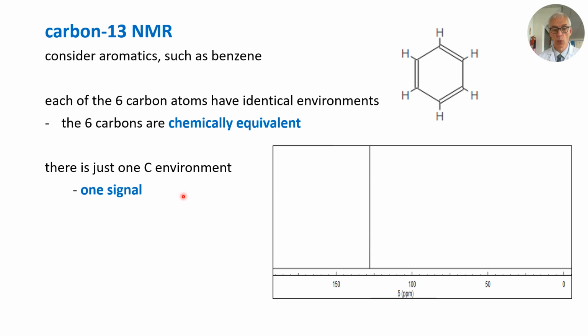That is, there is one type of carbon environment, and therefore there is one absorption signal. So each of these 6 carbons contributes to this absorption signal, but it's always at the same chemical shift value in the range 110 to 160.